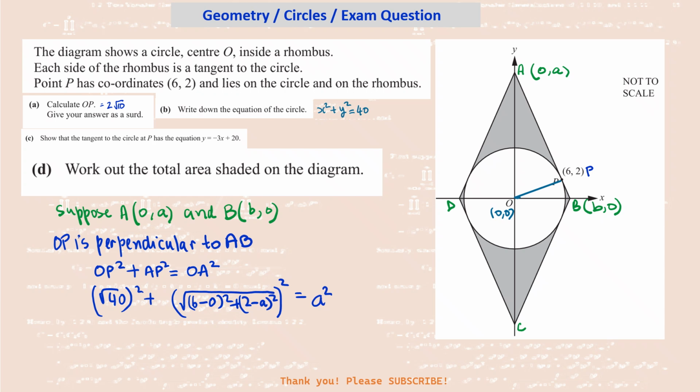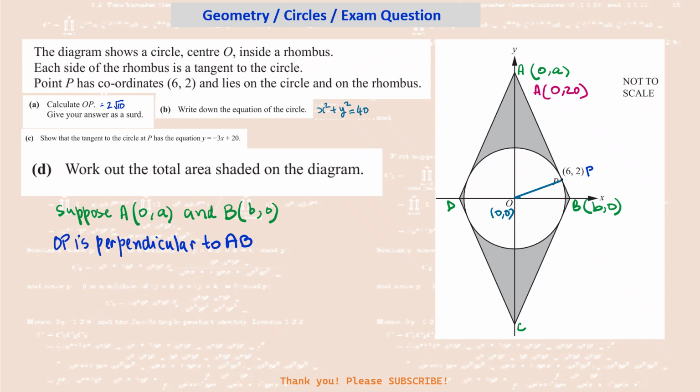So we can write root 40 squared plus the distance squared of that is equal to a squared, because this distance is a. So we get a² would cancel out from both sides, and we get a is 20. So we know the coordinates of the point A.